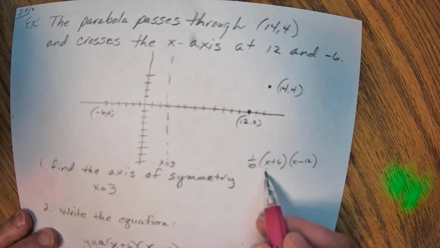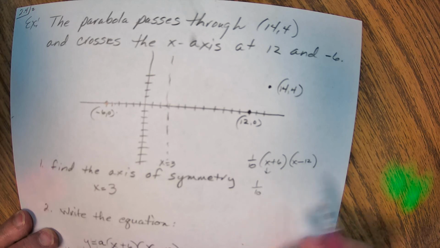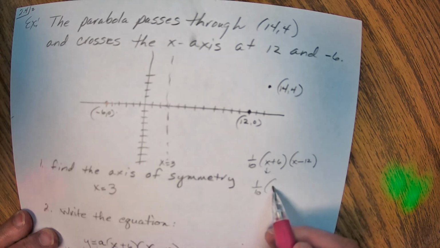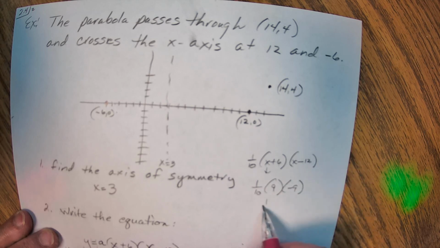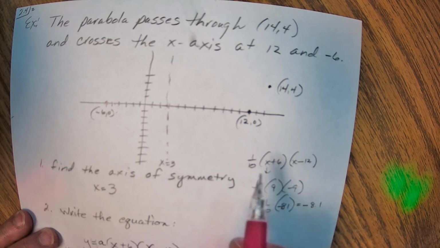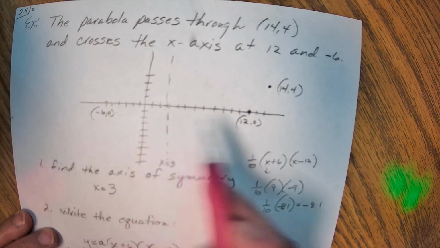So let's just plug 3 into there and solve for y. 3 plus 6 is 9. 3 minus 12 is negative 9. 1/10 of negative 81 is negative 8.1. So my vertex is at (3, -8.1).